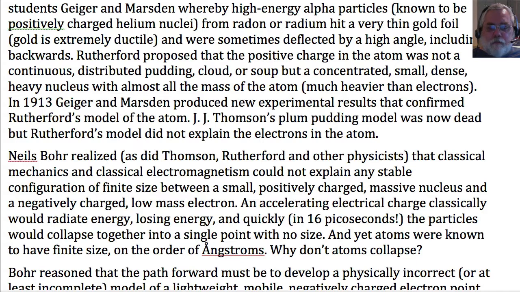An accelerating electrical charge classically would radiate energy, lose energy and quickly, in 16 picoseconds, 16 trillionths of a second, the particles would collapse together into a single point with no size. And yet atoms were known to have finite size on the order of angstroms, 10 to the minus 10th of a meter. Why don't atoms collapse?